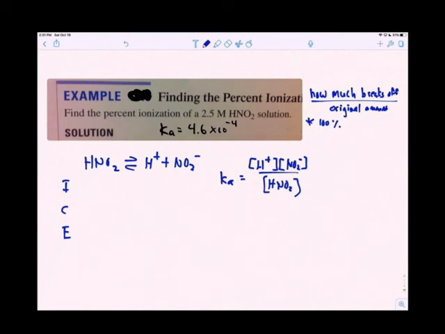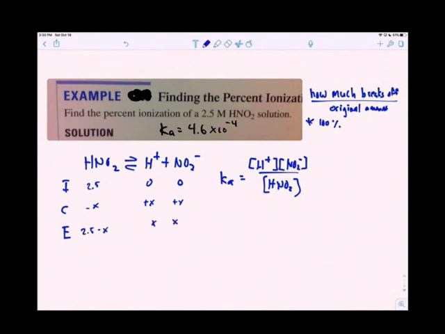So one other thing with you as the student doing this, you do have to assume that you're going to have some chemistry common sense. But let's go ahead and start this. So nitrous acid, 2.5 molar, 0, 0, shift right, minus x, plus x, 2.5 minus x, x, and x.